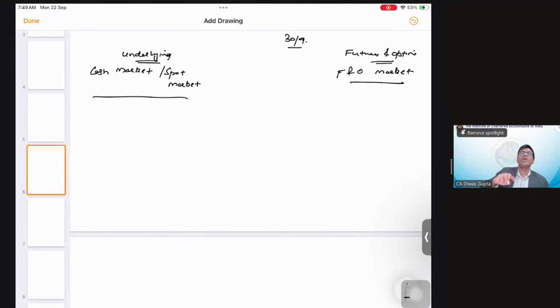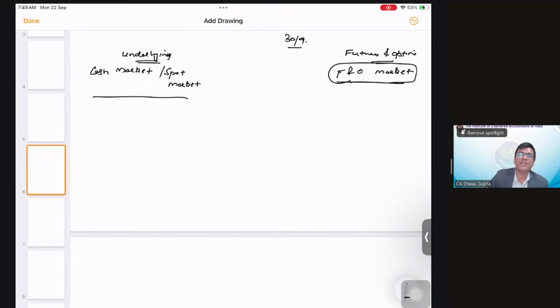So after today's class, you can go through any of the channels that keep showing the Sensex and Nifty, right? In that you can see they will also be showing you the FNO segment separately, how the FNO segment is doing.